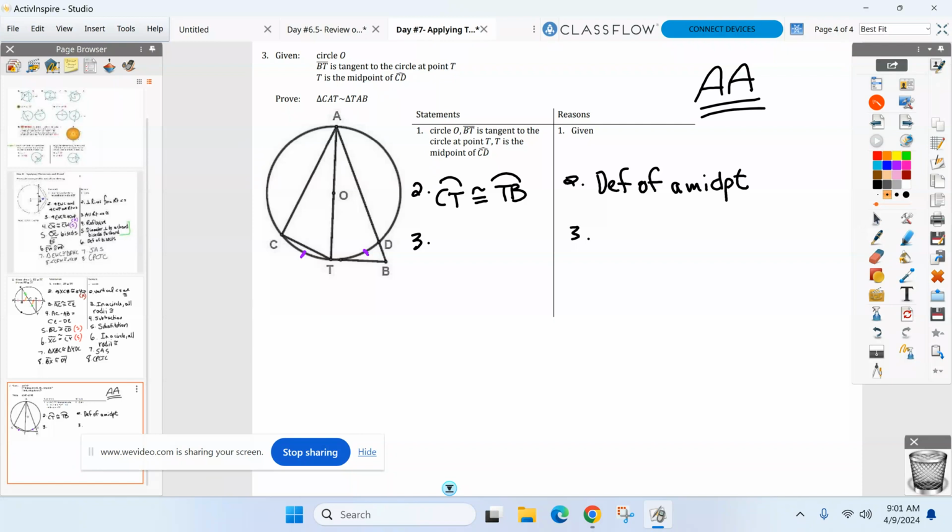Finley, those are what type of angles? Inscribed angles, right? And look where they're drawn to. Not the same arc, but two arcs that are congruent, so they have to be congruent. Now, this was one we went over on Thursday, so let me write this carefully. Angle CAT congruent to angle BAT.